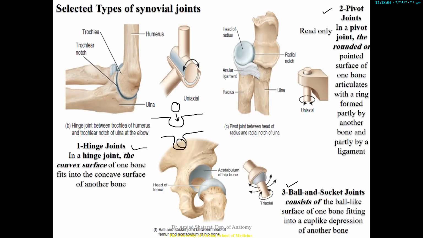How many movements can you move it without breaking the cup? Of course, you can move it this way, this way, this way. Rotation, for God's sake, it's a ball inside its socket. You can freely move this ball.